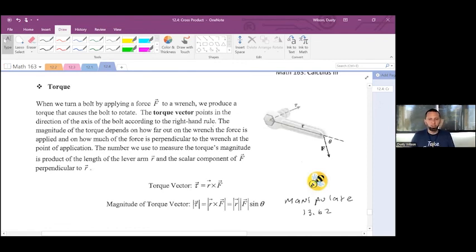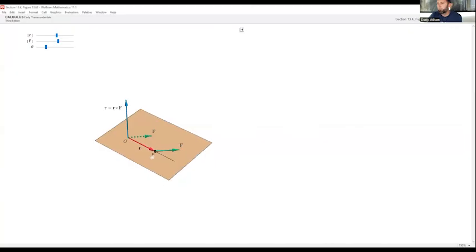Let's look at a manipulate. In this picture, notice that the red R is representing the wrench, if you will. The F represents the direction that you're pushing the wrench, and the torque is saying how much twisting power there is on the bolt that you're trying to twist.